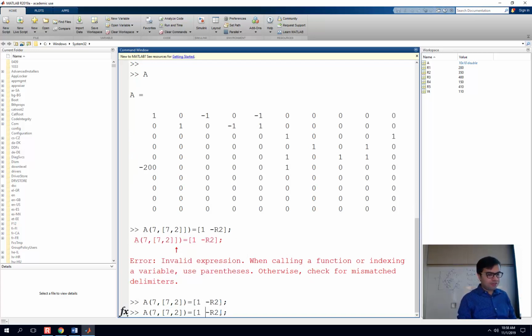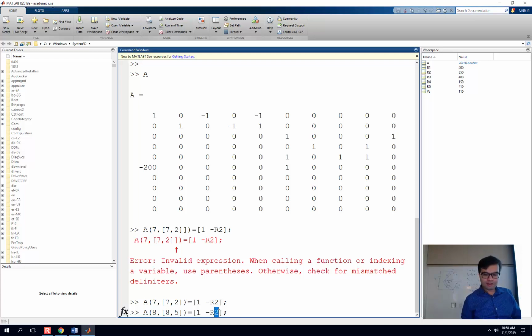Then I have row 8. BC minus R5, I5. BC is 8, right? 8 comma 5.